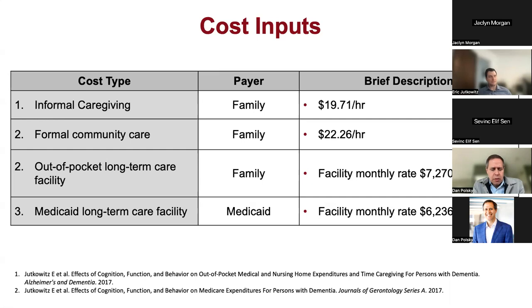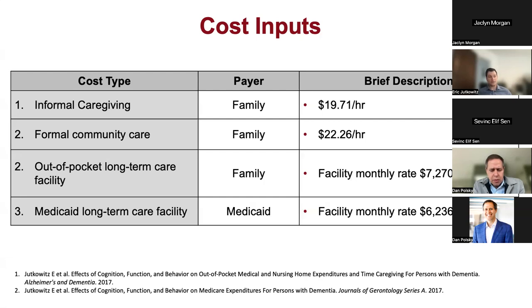Long story short, they had some data and they found that the opportunity cost varied by age of the caregiver as well as the gender. And based on the composition of caregivers of people with dementia, we sort of back into an estimate of about $19.71 an hour as the opportunity cost of family caregiving.